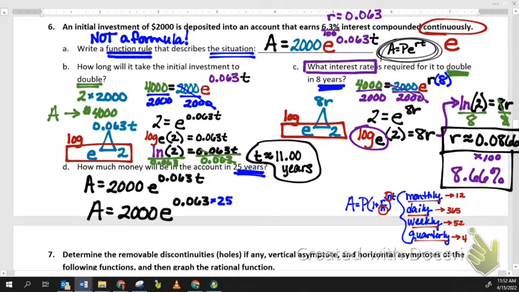If you're using one of my yellow calculators, you can make sure that the 25 is still part of the exponent. If you're using a blue calculator, you would need to make sure to put parentheses around this, because otherwise the calculator thinks you want to do e to that decimal power, and then times the whole thing by 25. So you'd get a wrong answer.